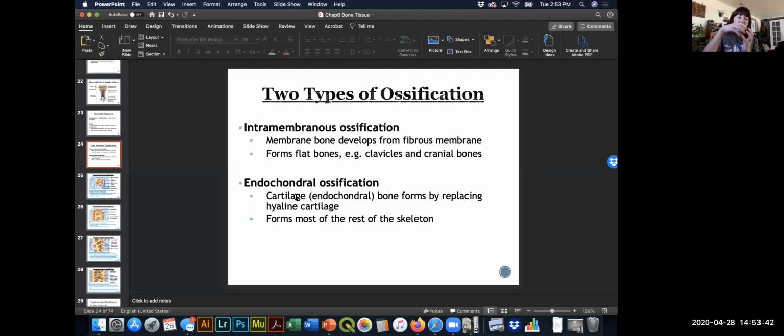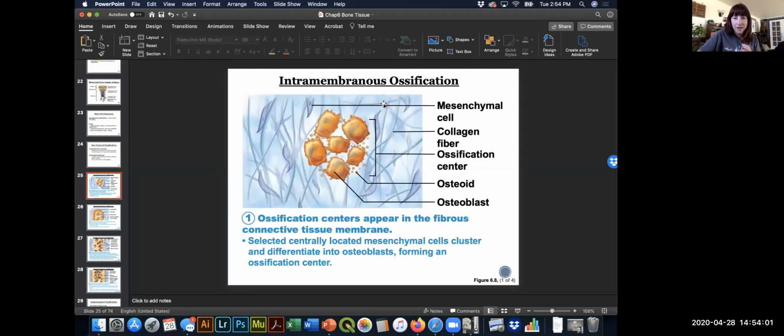So you've got this little embryonic baby, right? And in its shoulder blades and its cranial bones, all of its flat bones, you've got basically just mesenchymal cells. And then some of those cells somewhere in the center of that, a la this picture, the blue is all mesenchyme.